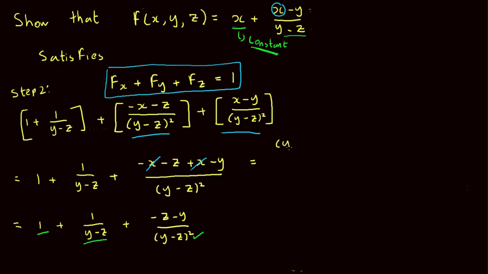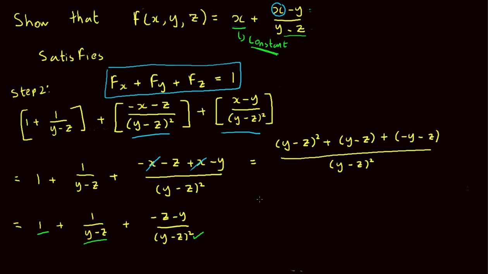It becomes (y minus z) squared, plus (y minus z), and we would have plus negative (y minus z), over (y minus z) squared.